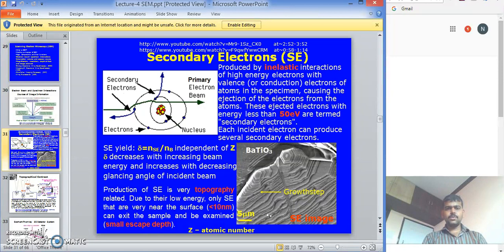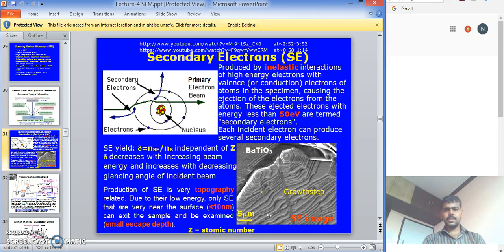The secondary electrons are produced by inelastic interactions of high energy electrons with valence electrons of the atoms in the specimen, causing the ejection of the electrons from the atoms. These ejected electrons with energy less than 50 electron volt are termed secondary electrons.